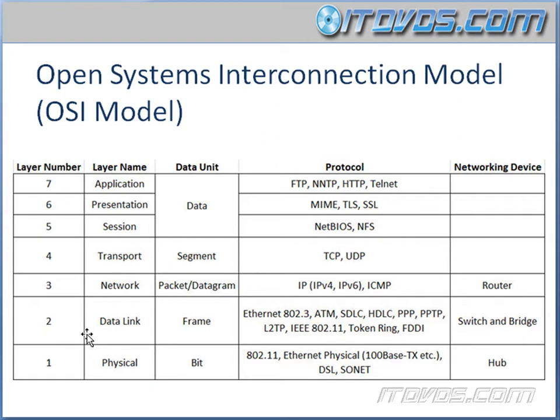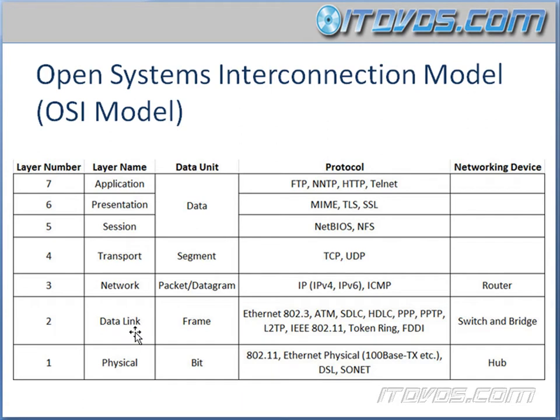The next layer is layer 2, our data link layer. And at this level, our packet is encapsulated and it becomes a frame or a data frame. And this level is where switches and bridges function at. And they use MAC addresses to actually send the data to the correct physical device. So layer 3 uses logical addresses.